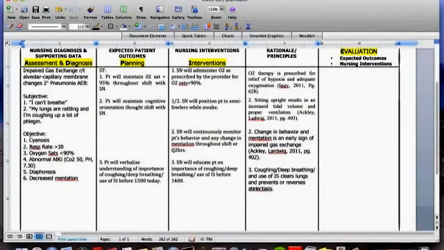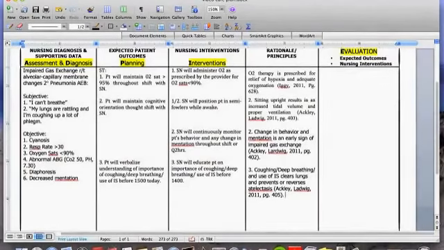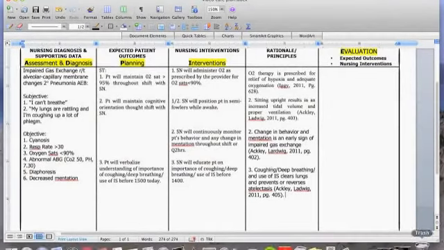That's a hard word to spell. And if anybody is really interested in looking it up, they can find it in Ackley and Ladwig, 2011 edition, page, I forget, 405. So there is our short-term goals there.